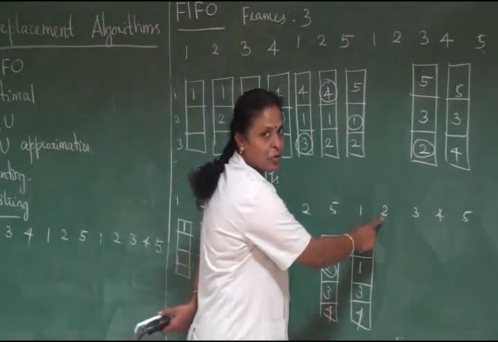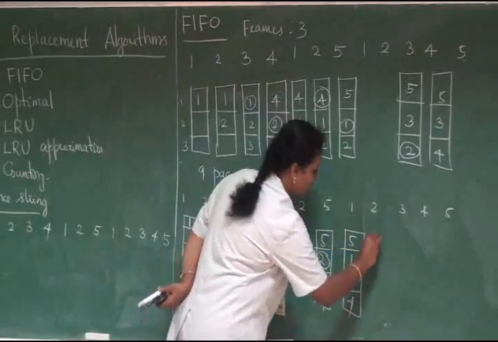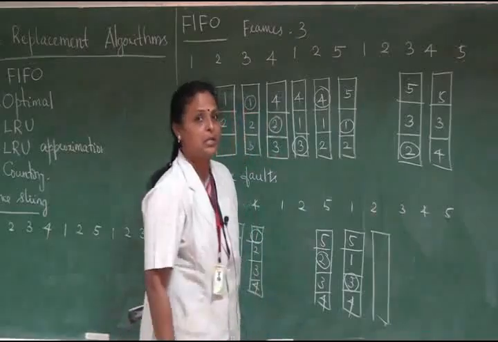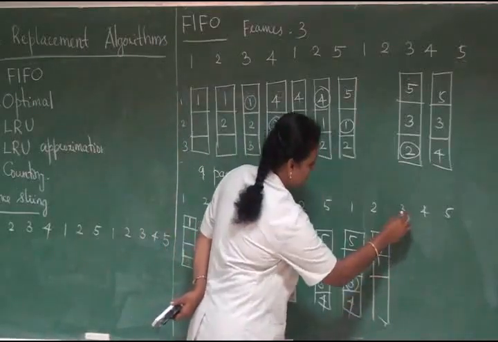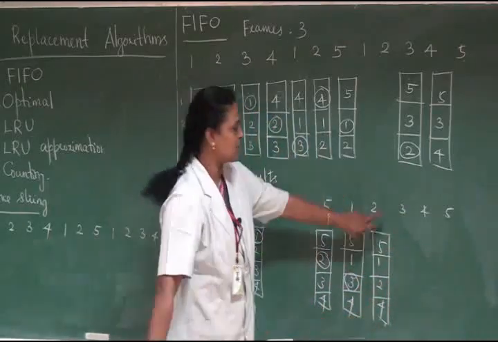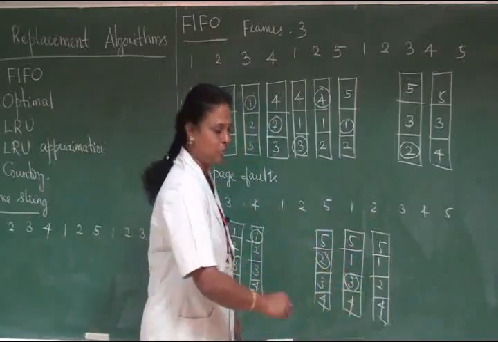Now we want to access 2, but 2 is not available here, so we go for page replacement. Among these 4 pages, the first entered page is 3, so 3 is replaced with 2. Next we want to access 3, but 3 is not available, so we go for page replacement.